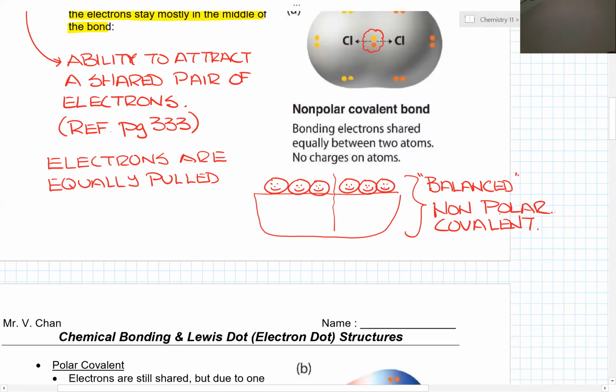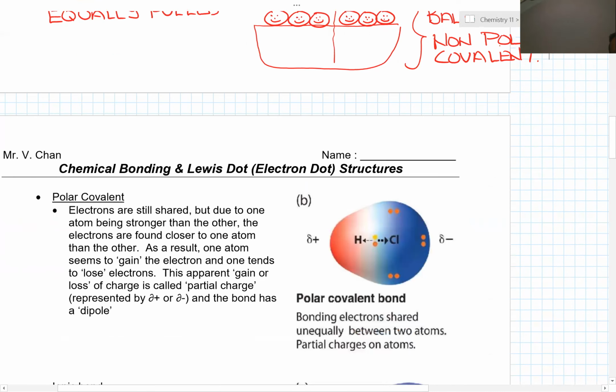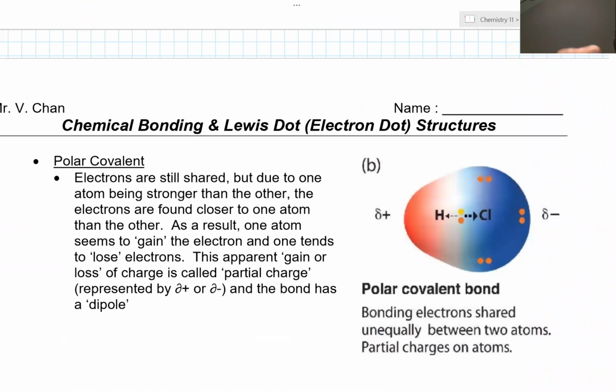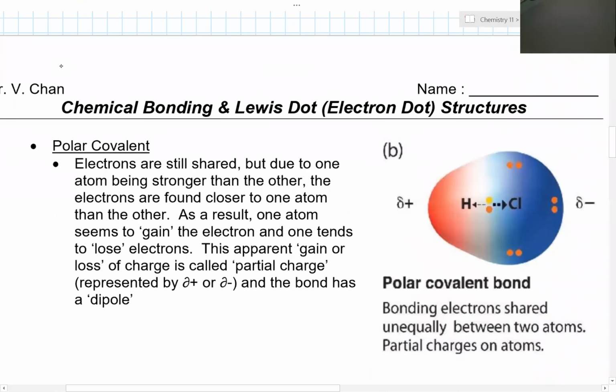All right. Now, polar covalent is where electrons are still shared. But due to one of the atoms being stronger than the other, the electrons are found closer to one atom than the other.